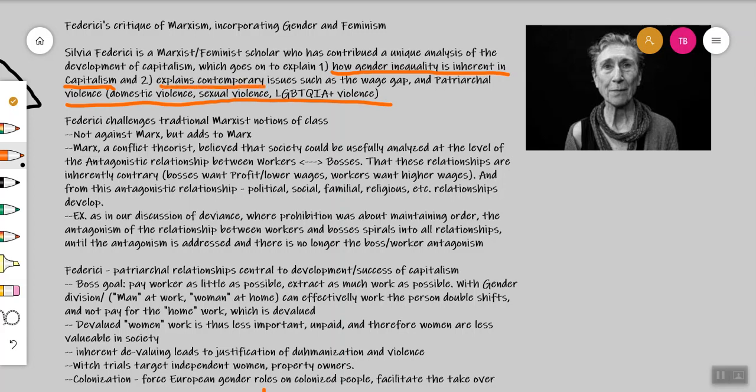It is not a separate thing from capitalism, but an essential part of the overall problems we see in society and any sort of patriarchal violence, including domestic violence, sexual violence, and LGBTQIA plus violence, anything that has, as we talked about before, our hierarchy of the masculine on top and the feminine on the bottom. This is what essentially patriarchy is.